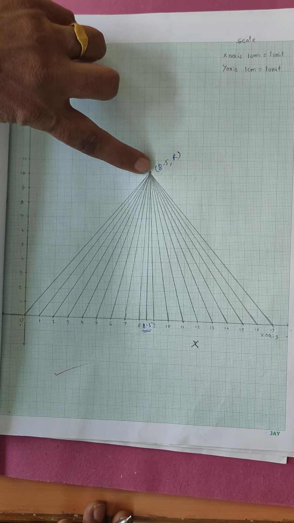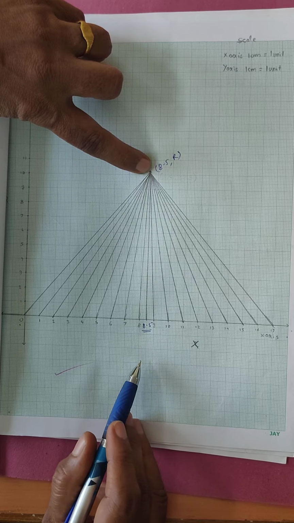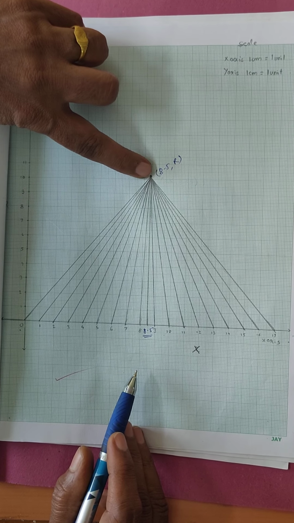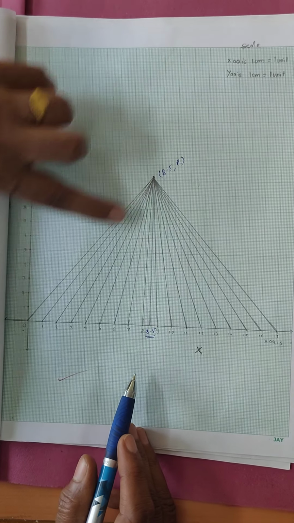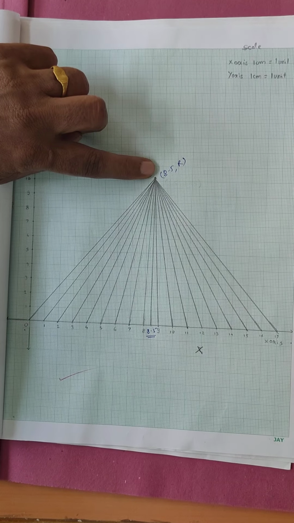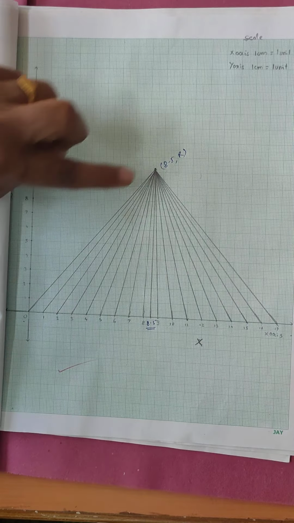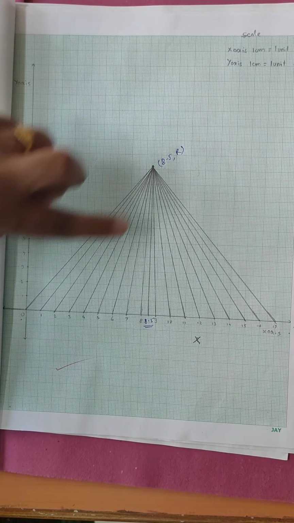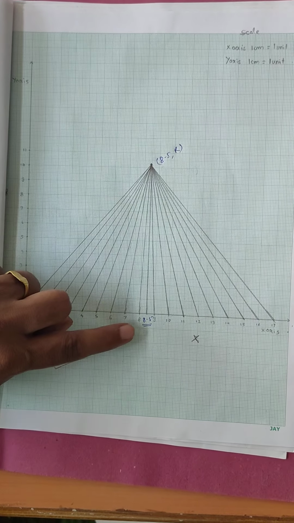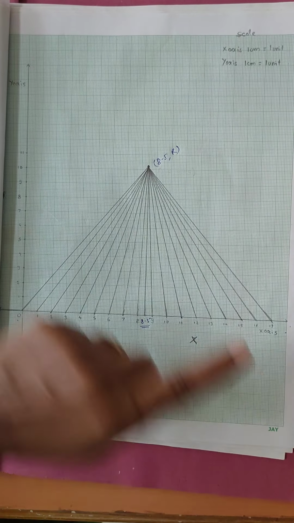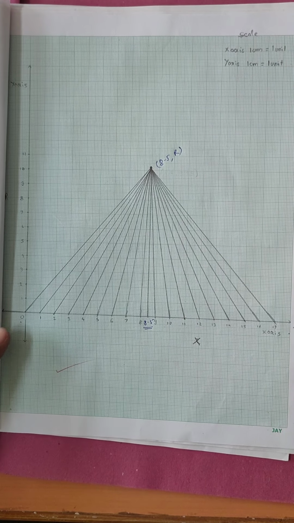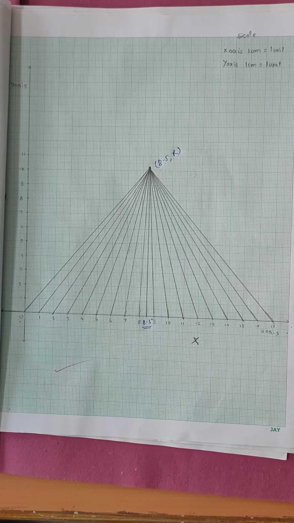So we will put one point on this 8.5 line, and then simply by scale we will join this point with each value of x. That is, this point to 0, this point to 1 of x, this point to 2, this point to 3, this point to 8.5, up to 17. Join this point with each value of x and you will get a pyramid-like structure.